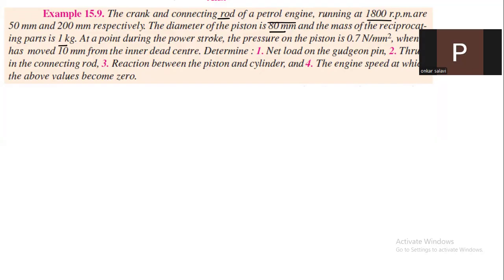At a point during the power stroke, the pressure on the piston is 0.7 when it has moved 10 mm from the inner dead center. Then determine the net load on the gudgeon pin, thrust on the connecting rod, reaction between the piston and cylinder, and the engine speed at which the above values become 0. Okay, so let's draw the basic diagram for the slider crank mechanism.